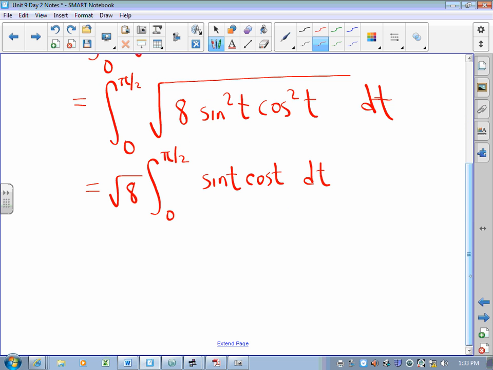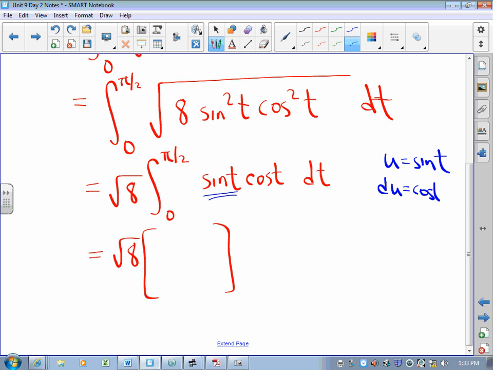And then all I have to do is know what is a good antiderivative of that. Well, it turns out that sine t is your u, because du happens to be, you're not going to believe this, the rest of it.